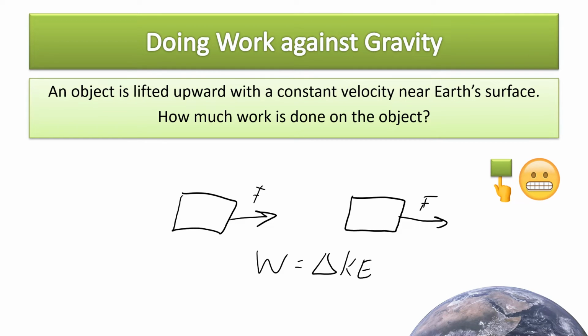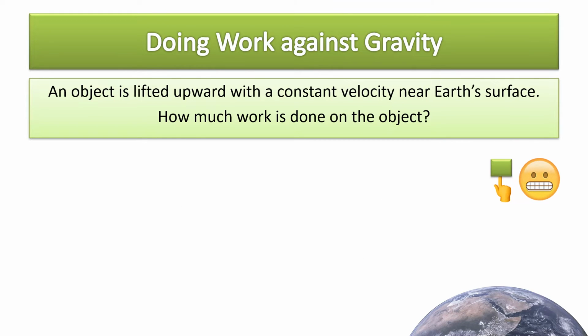That's where the work went. It went into kinetic energy. Now we're doing work, and where did that work go? Where is that energy going? We're moving at a constant velocity, so I'm not changing my kinetic energy at all. Where is that energy going? We'll see that it's going into gravitational potential energy.